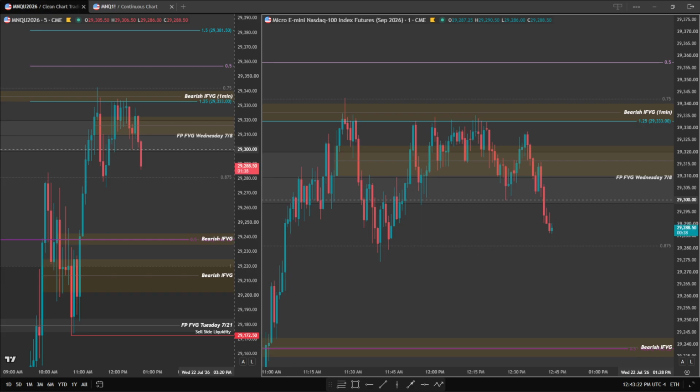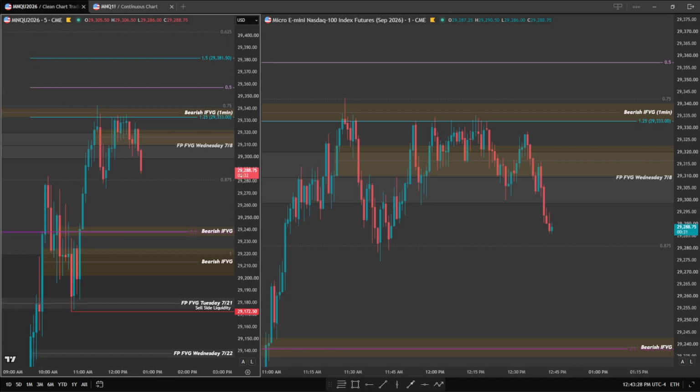All of this is overlapping that Wednesday fair value gap. I like this break of structure on the 5-minute right here.